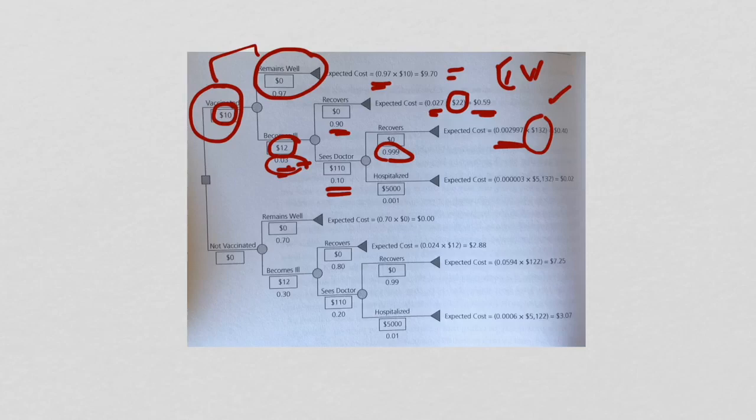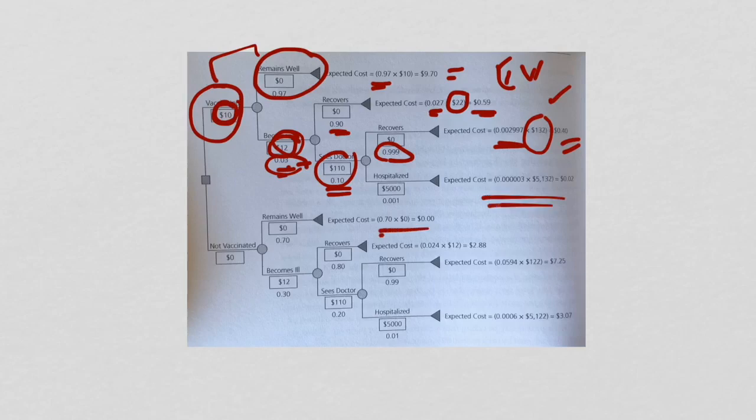That's the sum of 110 plus 12 plus 10, which equals 132. So that is the total cost of this whole branch of the tree, times the probability, which is 0.002997, and that gives us 0.40, which is 40 cents, or $0.40, and so forth.